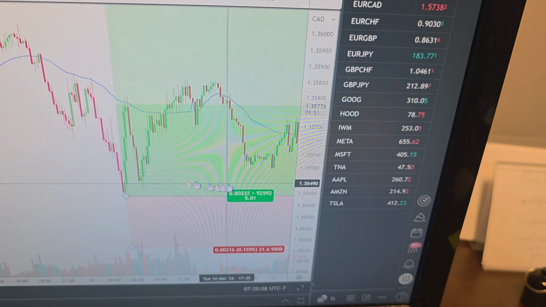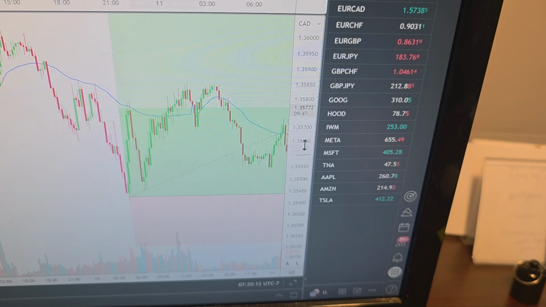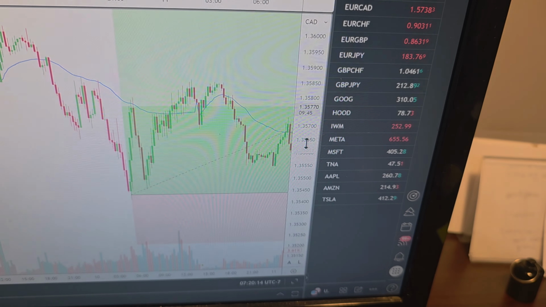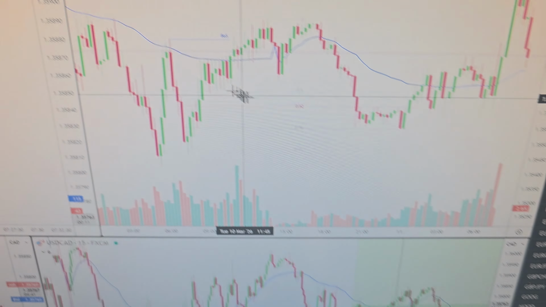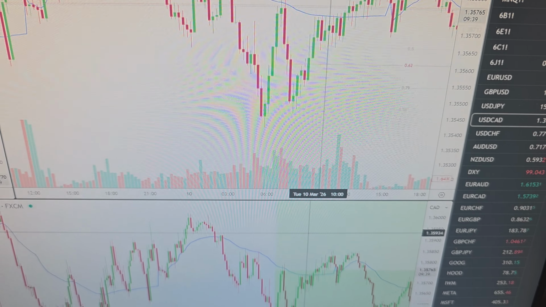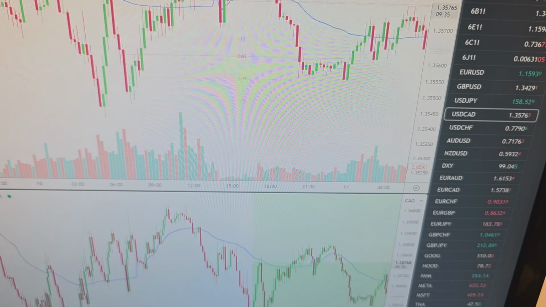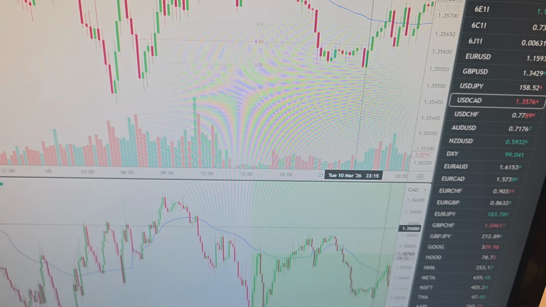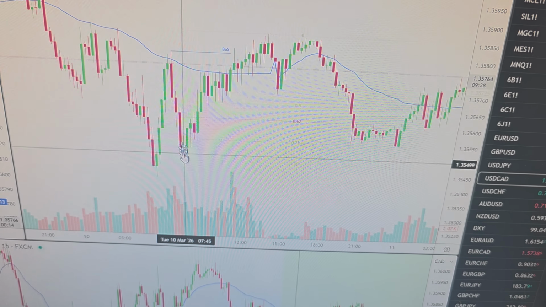Like this one. Like this. This edge right here. That's what we were seeing last night. So, like this. This is the 15-minute.